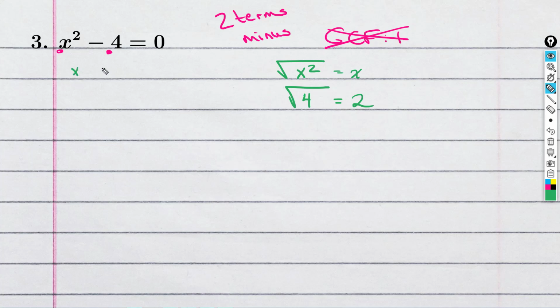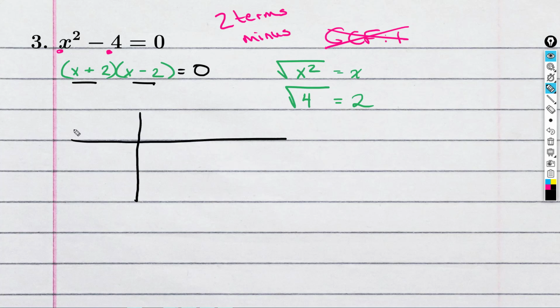So I have x and a 2 in each parenthesis. One of them is going to be plus, one's going to be minus. And then that equals 0. So I have my 2 factors. And so I'm going to go ahead and go to my chart. And so I'm going to set x plus 2 as one of my factors and x minus 2 for the other.